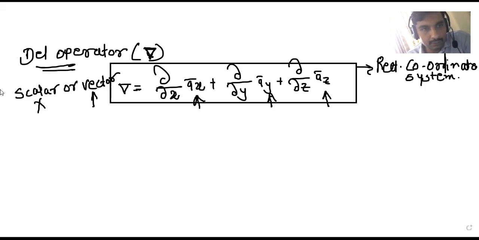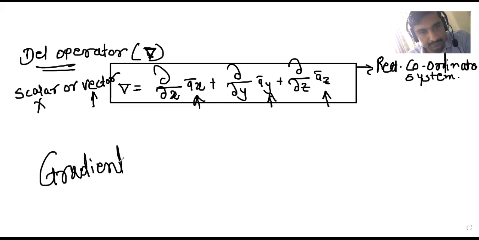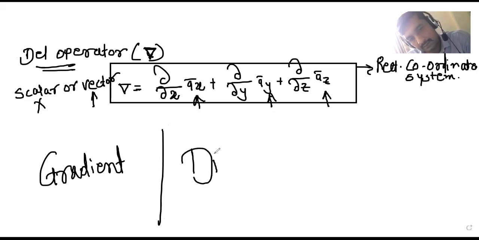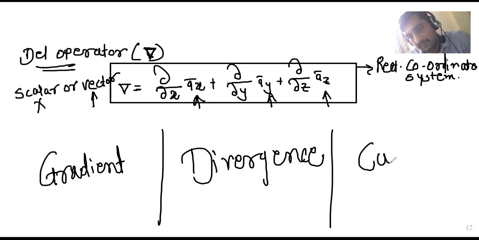Now with respect to this del operator, we are going to talk about three different terminologies. Number one, gradient. Number two, divergence. And number three, curl.